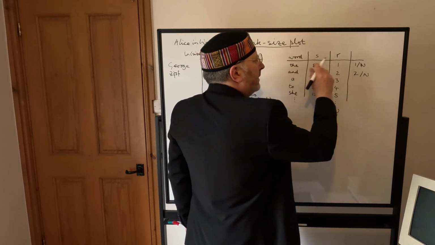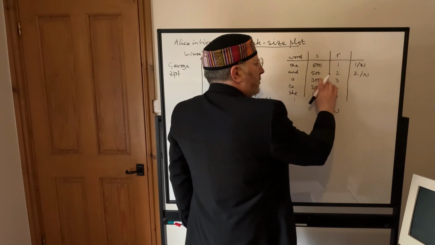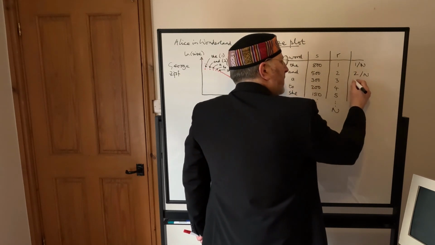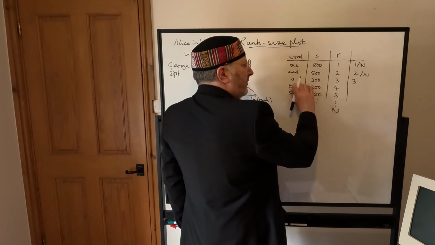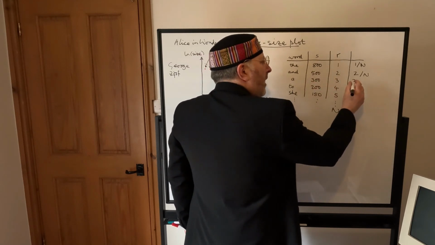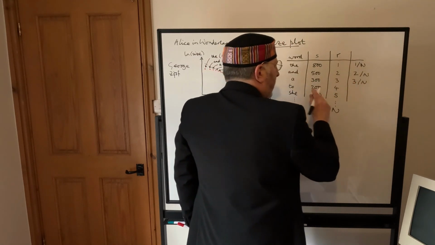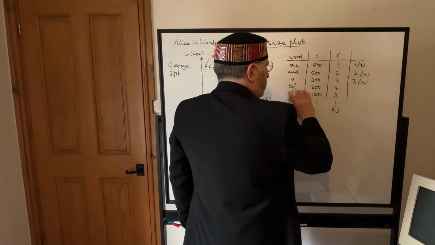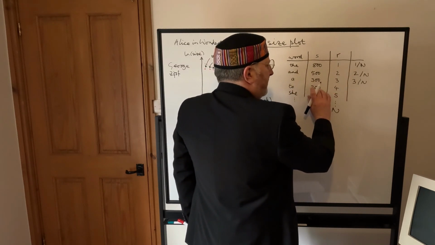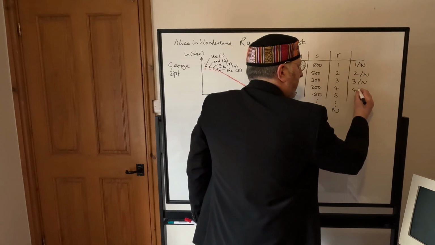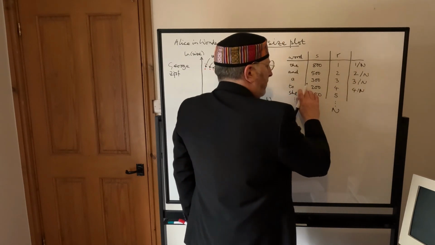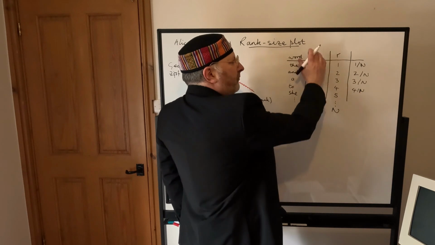And then similarly for a, there are just 3 words that have the frequency of a, which is 300 or greater. And for to, there are 4 out of the n words that have that frequency of occurrence, 200 or greater.